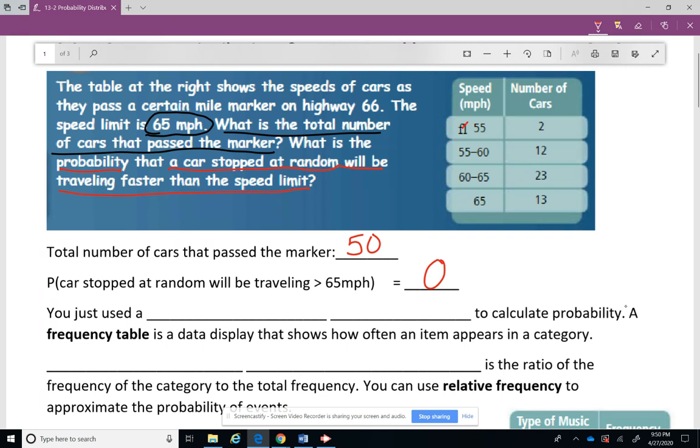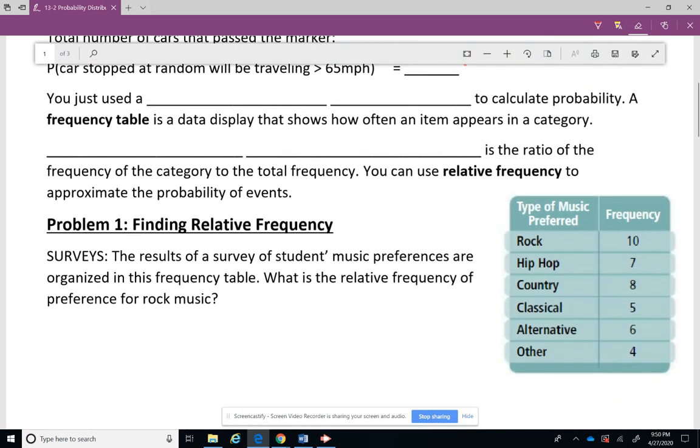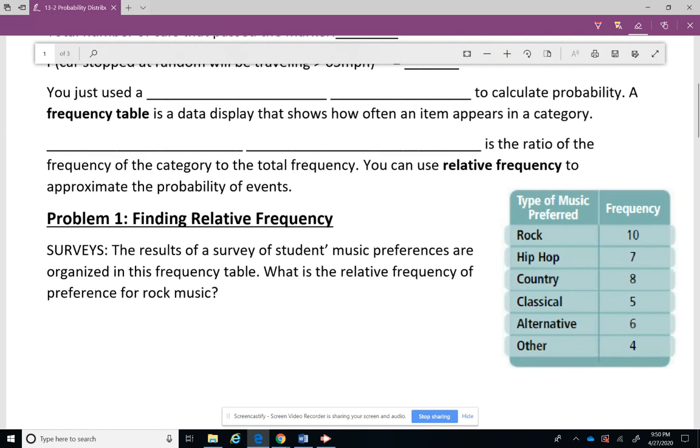They're all going less than 55, 55 to 60, 60 to 65, or 65 miles per hour. No one's speeding. So the probability of that happening is going to be 0. I'm sure you remember doing this in other math classes. Might just be a review for you. So this should be a quick lesson for you.